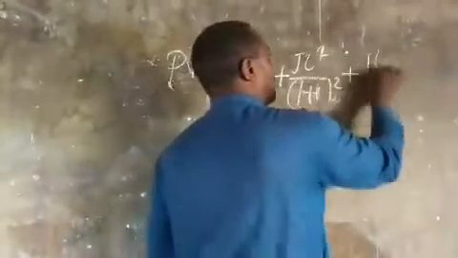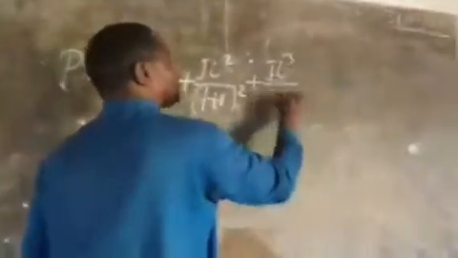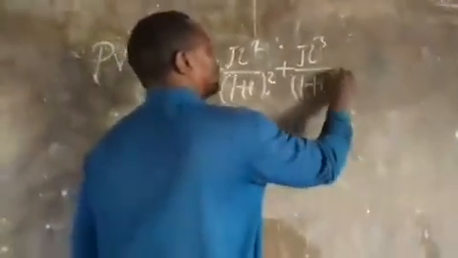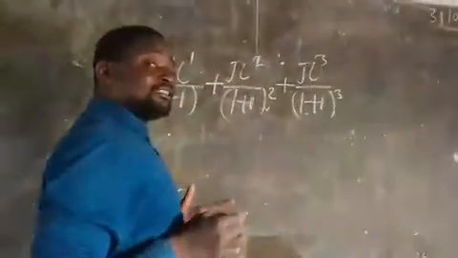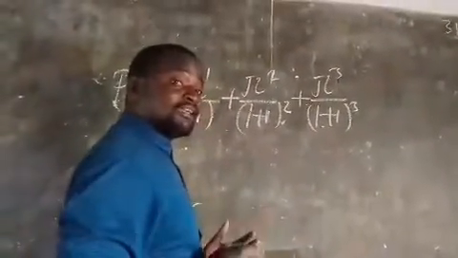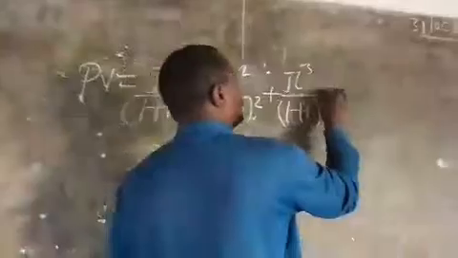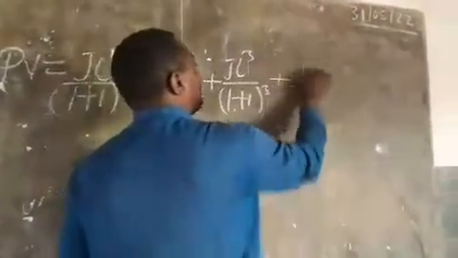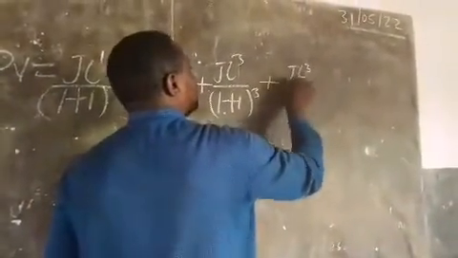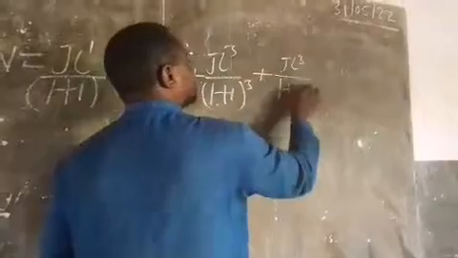Then we have π3 over (1 plus r) to the power 3. Remember that this company is going to be sold at the end of 3 years. Therefore, we are going to say plus π3 over (1 plus r) to the power 3 again.